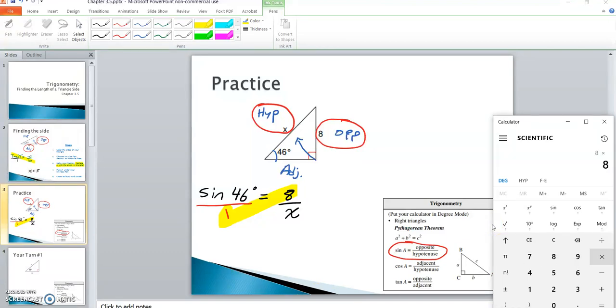So 8 times 1 divided by, now here's where it gets confusing, remember, the 46 goes first, and then the sine. Now what I have to remember is that I have to click equals afterwards. So it's 11.1, so we can just say that that is 11.